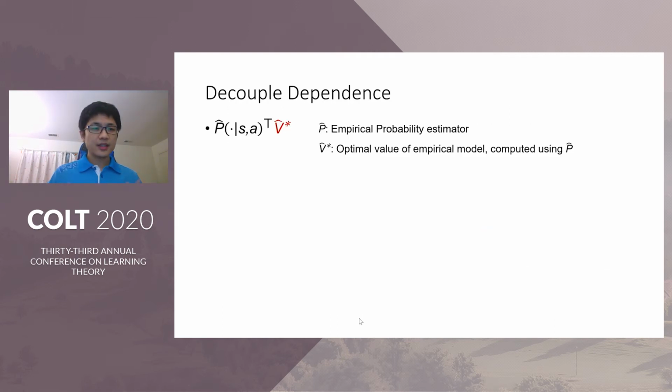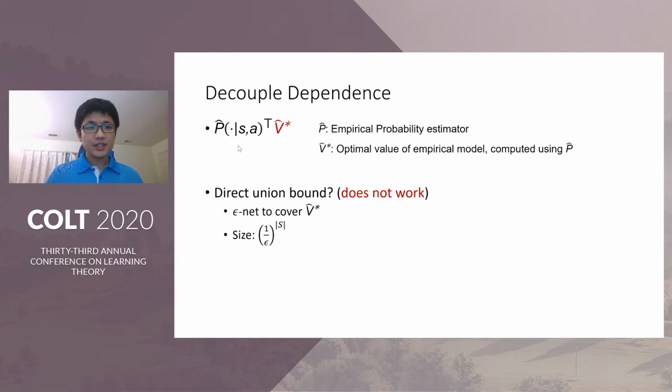So the primary goal of the paper is to decouple this inner product. Basically, we want to build another object such that p hat and the other object are independent, and then we can apply concentration inequalities. What's the most natural idea? Of course, build a net.